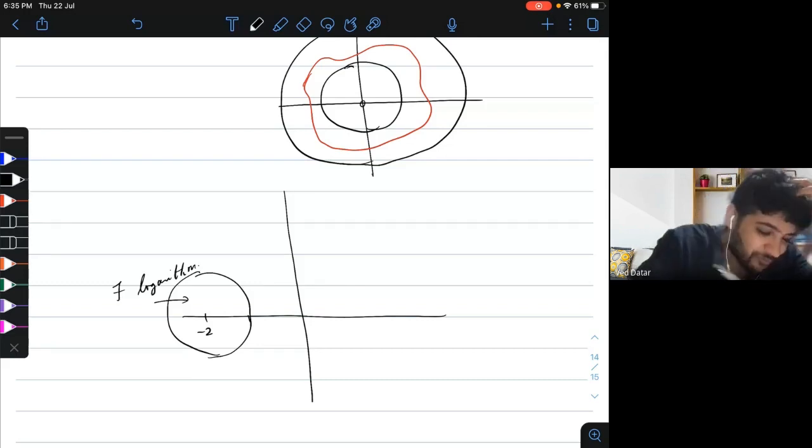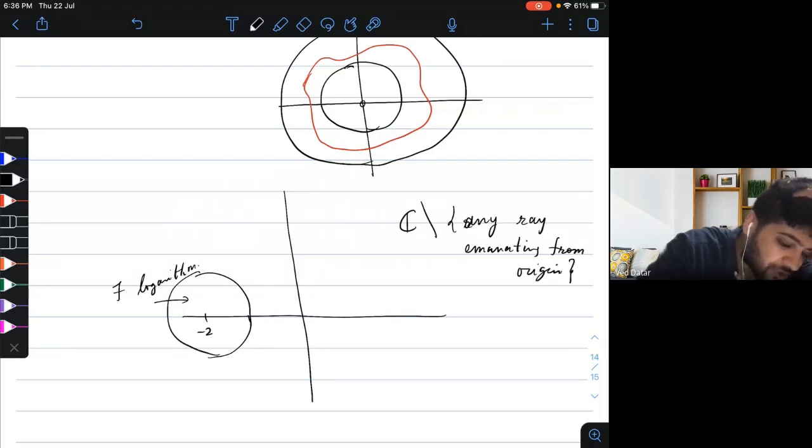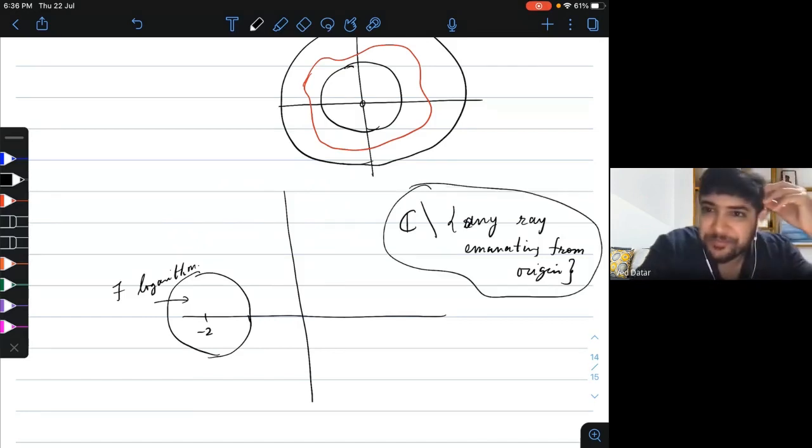For instance, C minus any ray emanating from the origin is actually a simply connected domain, and there will actually be a logarithm on this set.